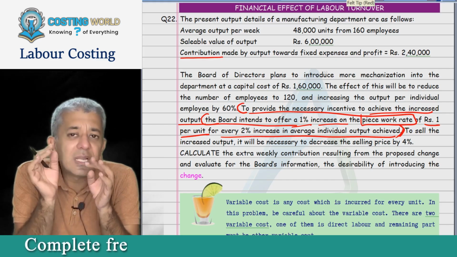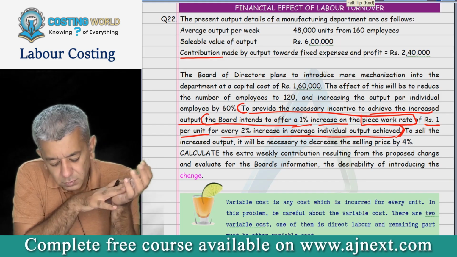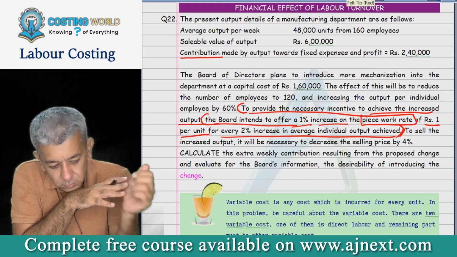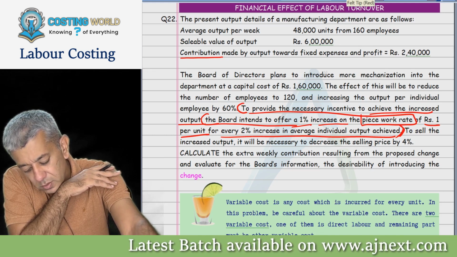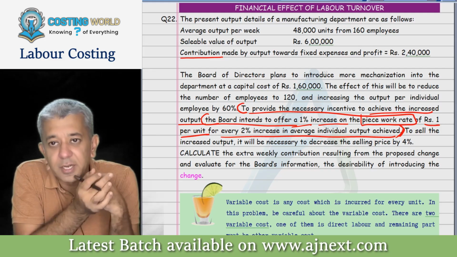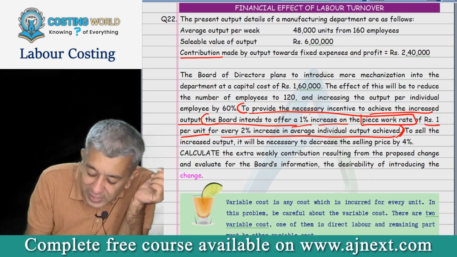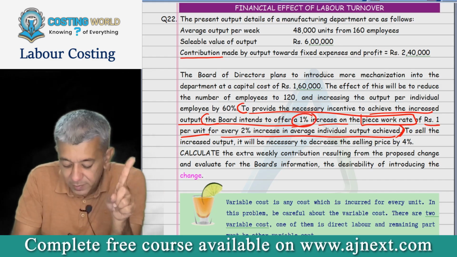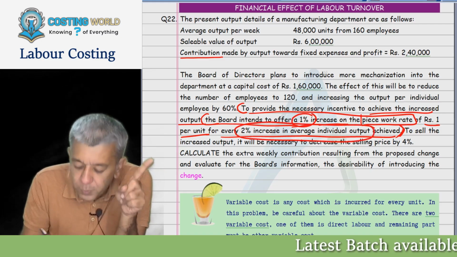Now tell me, what is the current rate per unit that we pay to our workers? Rupee 1 per unit. That is the rate we are paying right now. What the management has said is that we will increase your rate by 1% whenever you increase your output by 2%.